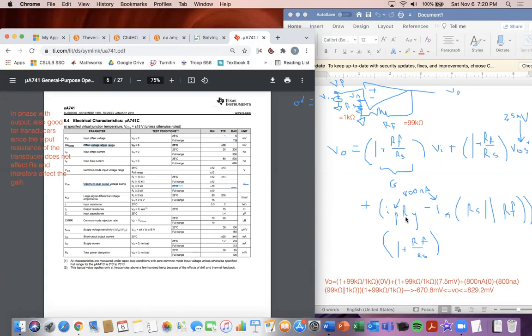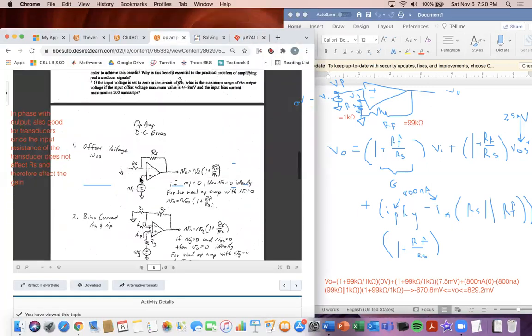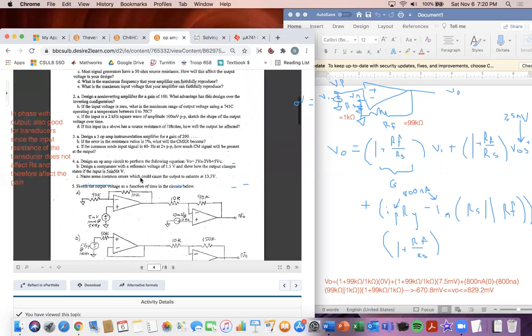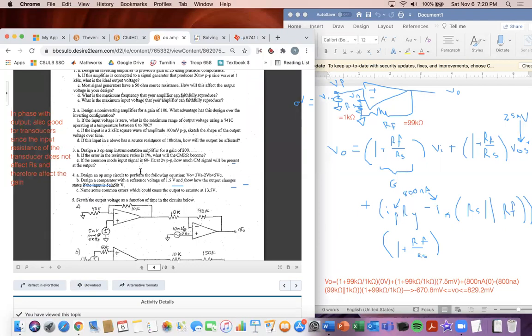If they give you a source resistor, that means there's an input bias current. So if he mentions that, let's look here. Yeah, look, part D has the source resistance of 10 kilo ohms. How will this be affected? That means we have input bias current because that's in the input bias current equation, that source resistor RG.